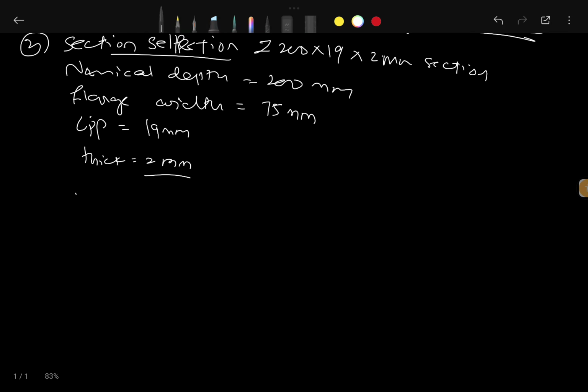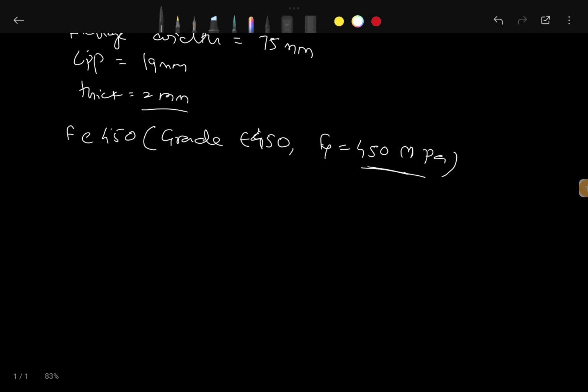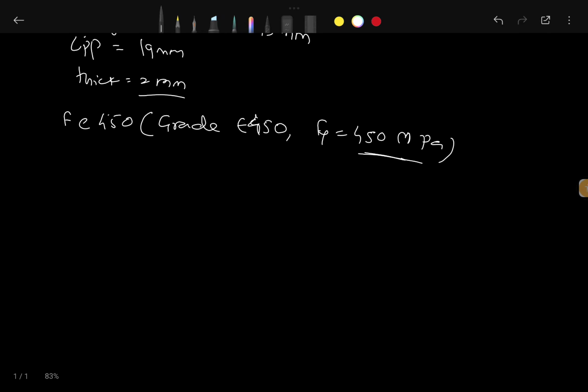The material grade here is Fe450. That means grade E450, which means Fy is equal to 450 MPa. Let's start with the section properties.